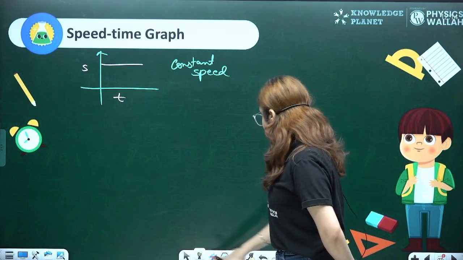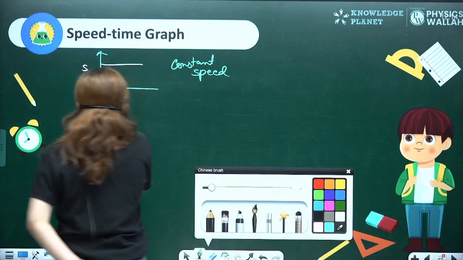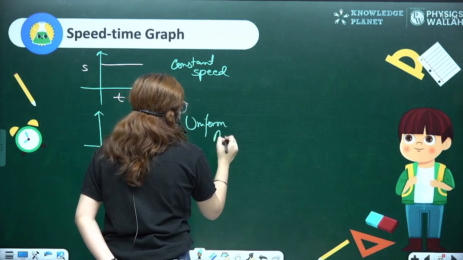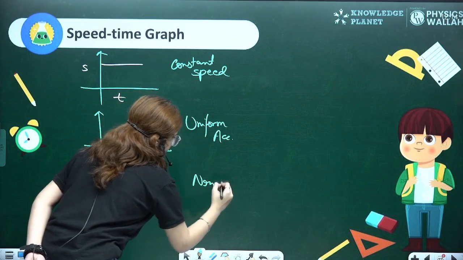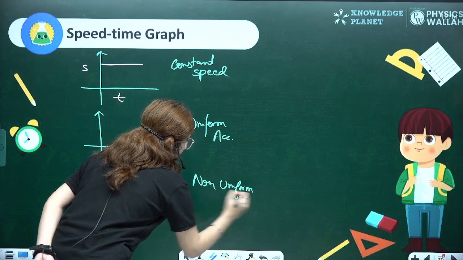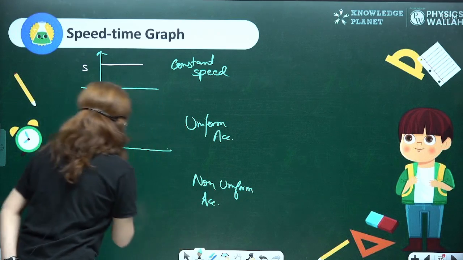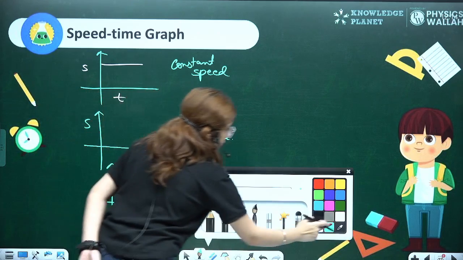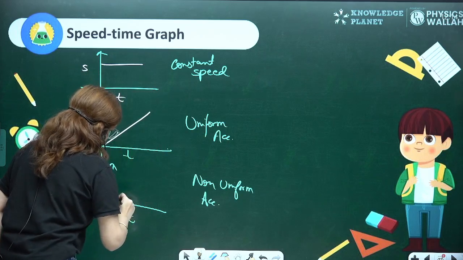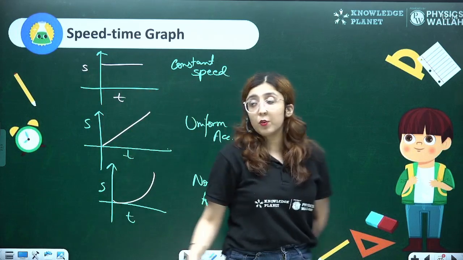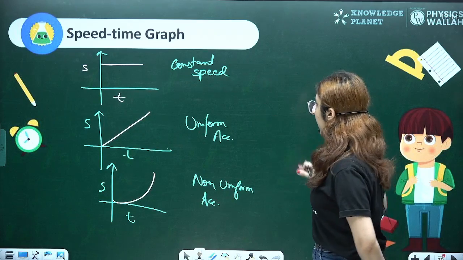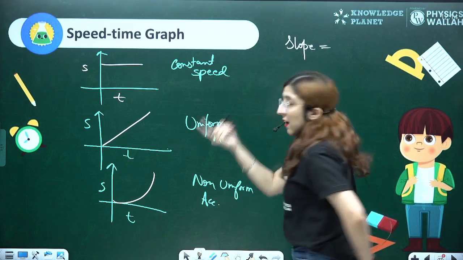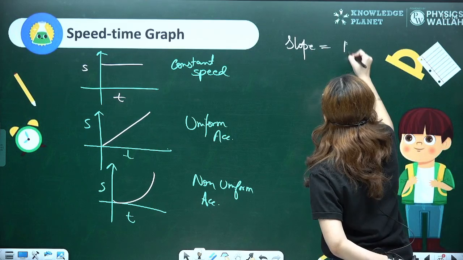Next, uniform acceleration, non-uniform acceleration, uniform retardation. If you want to see, it will go just like this. Retardation.